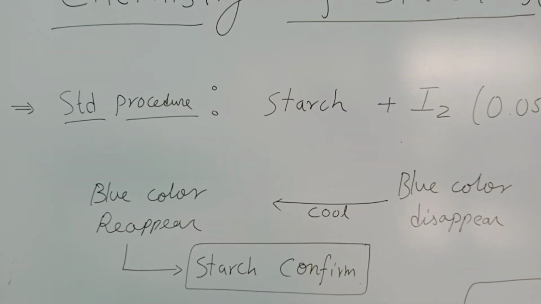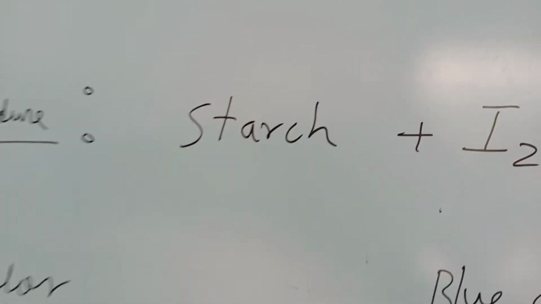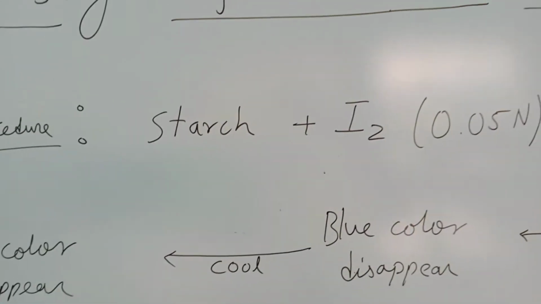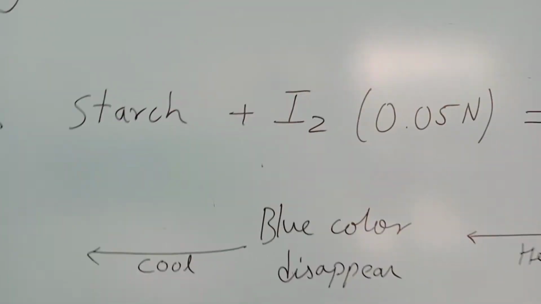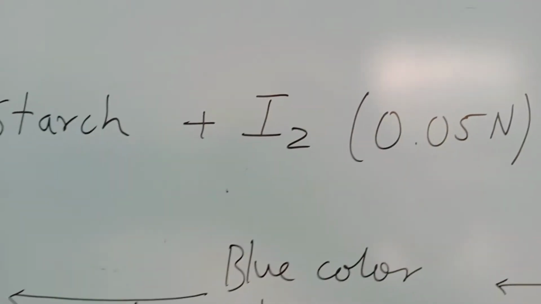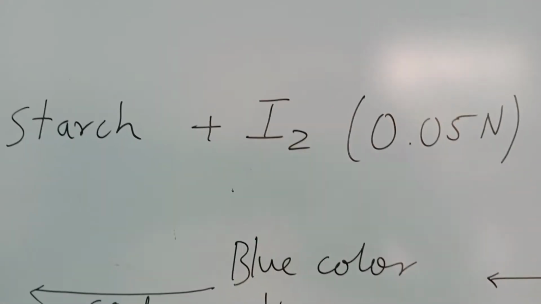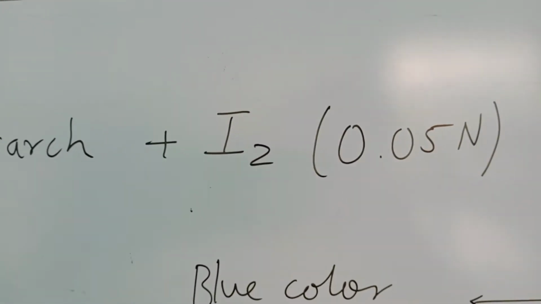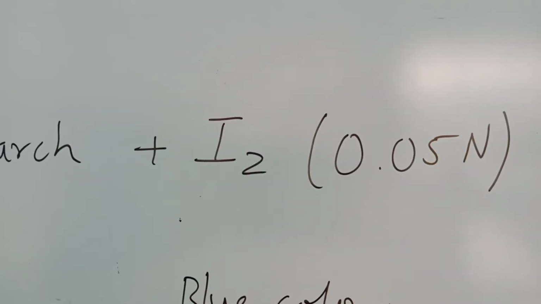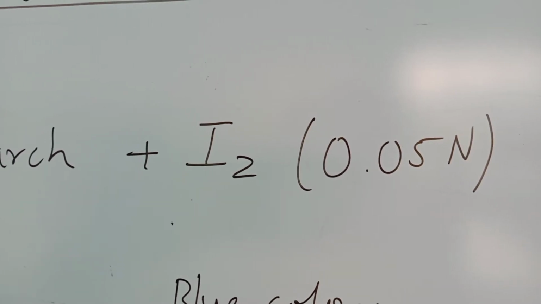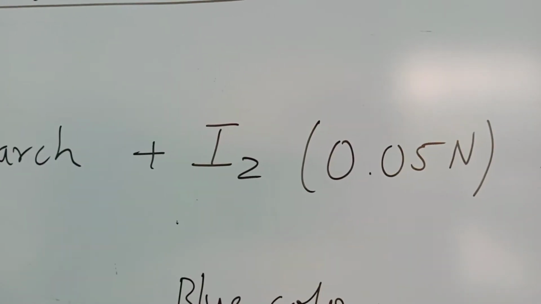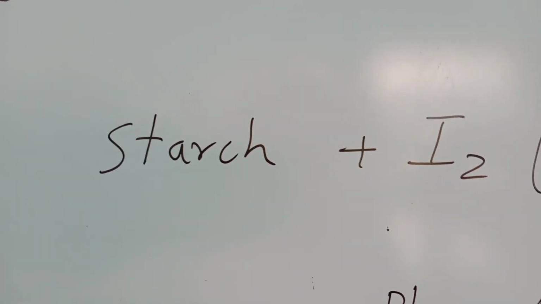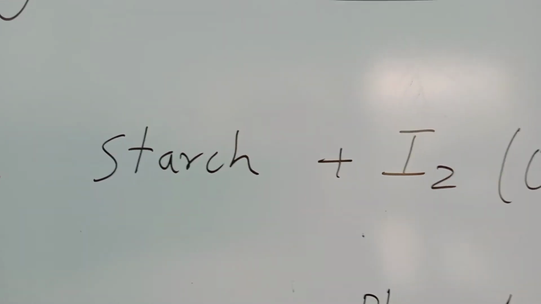So as per the standard procedure, the starch which has to be identified has to be treated with iodine. The concentration of iodine solution taken for this particular test is 0.05 normal, and this is the standard iodine solution required in order to test or determine the presence of starch.